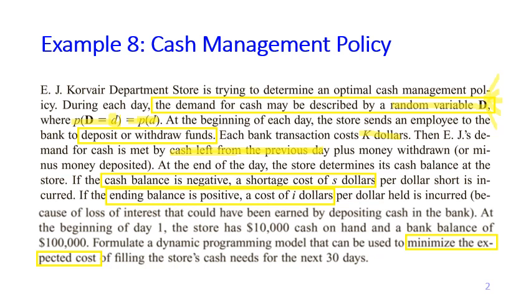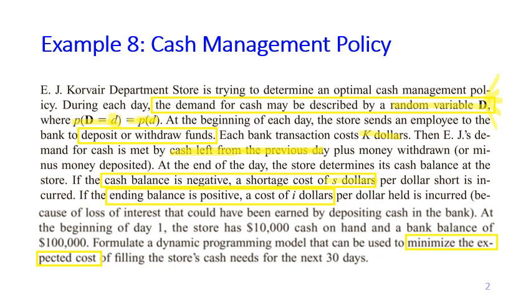Now at the end of the day, the store determines its cash balance. If the cash balance is negative, it means that your business actually needs more cash than you provided at the beginning of the day, and then there is a shortage cost of S dollars.